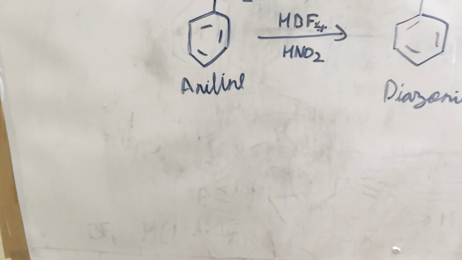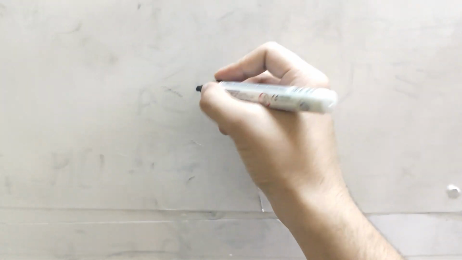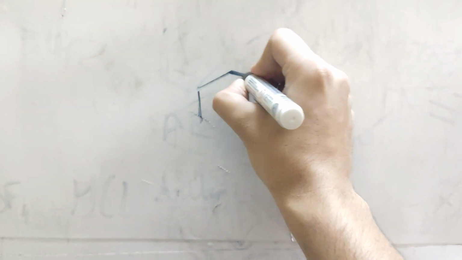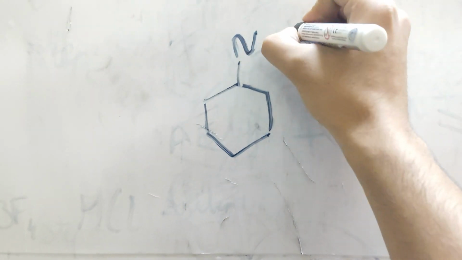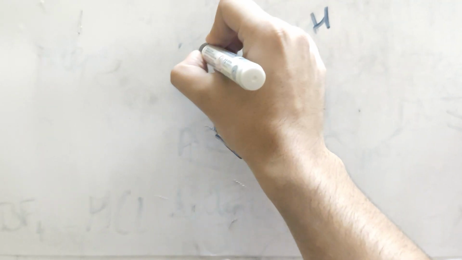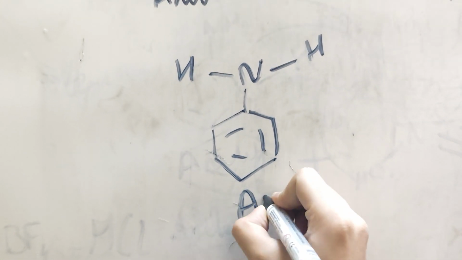Let's continue with the mechanism now. So starting with the basic aniline that we have, NH2. So this is aniline.